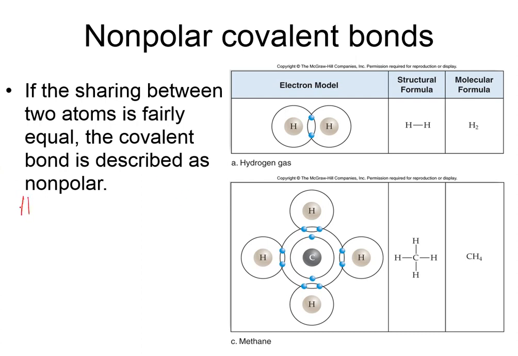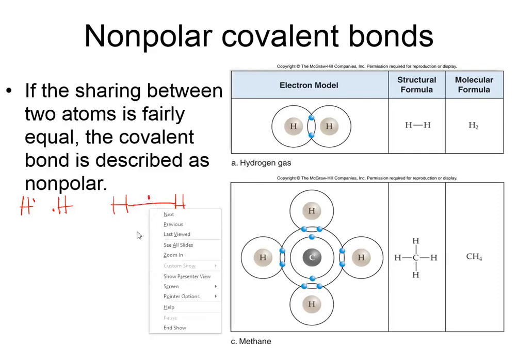Each hydrogen has its own electron. If you put them together so that they share, because they have the same power of sharing, the two electrons will be in between the two hydrogens, because they will pull the electrons using the same amount of force.